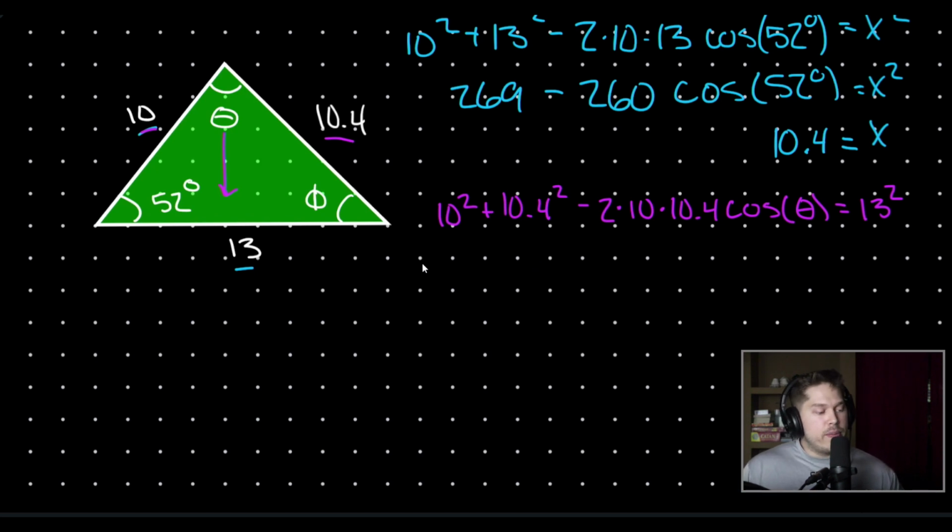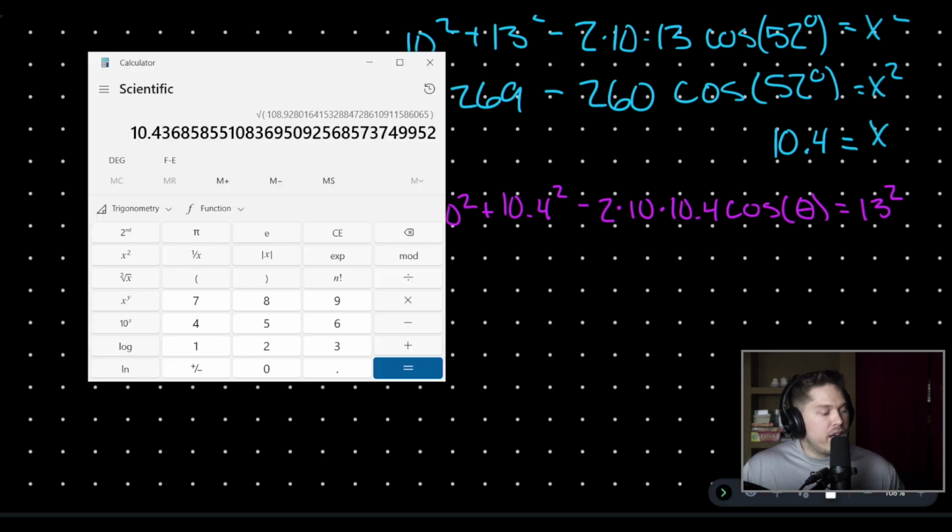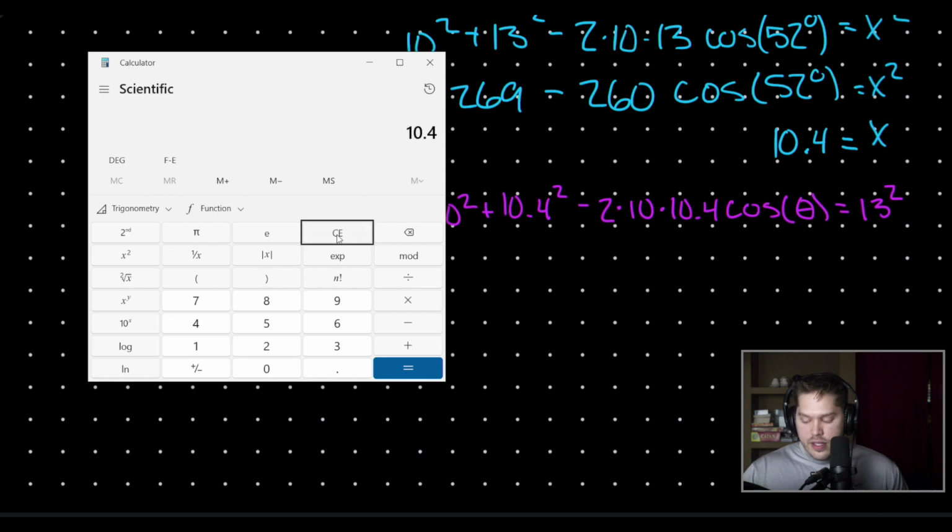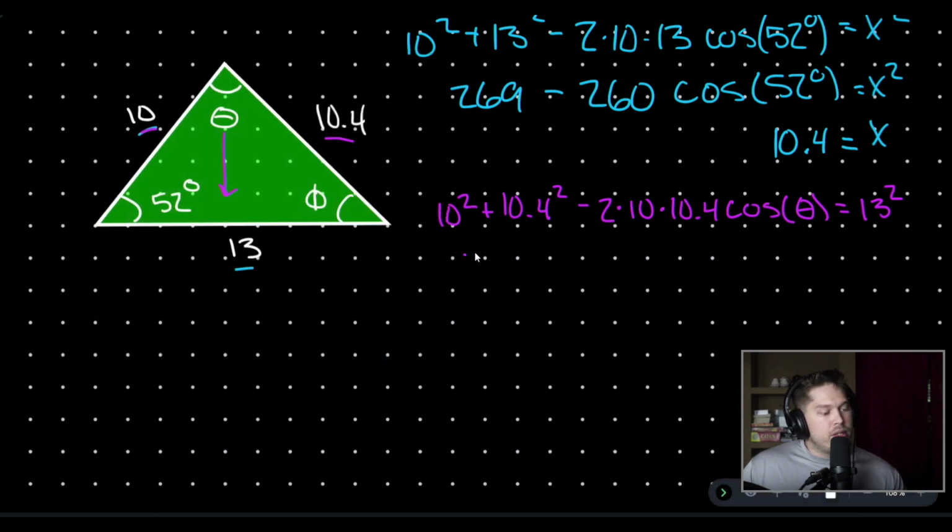All right, now we simplify. I do not know 10.4 squared off the top of my head, so let's go to our calculator. 10.4 squared is 108.16, plus 100 will be 208.16.